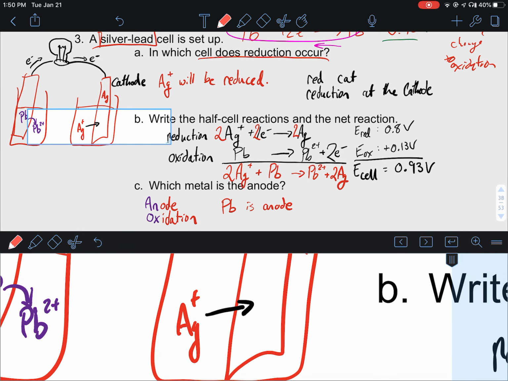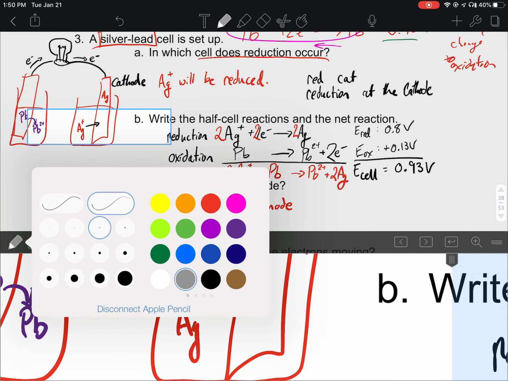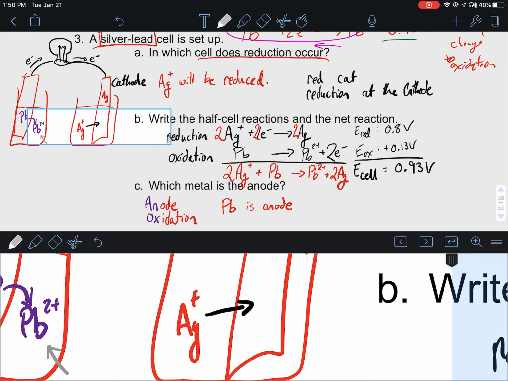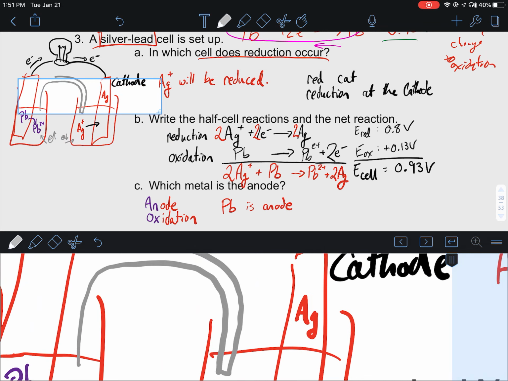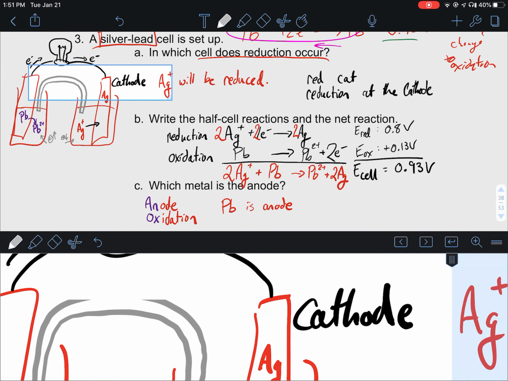Now this solution on the left here is getting more positive, right? The amount of positives is increasing. In this solution, the positives are leaving. So we can think about positives going down. So we need something to balance that. That is what we call a salt bridge. It's usually a piece of paper or a tube filled with liquid.